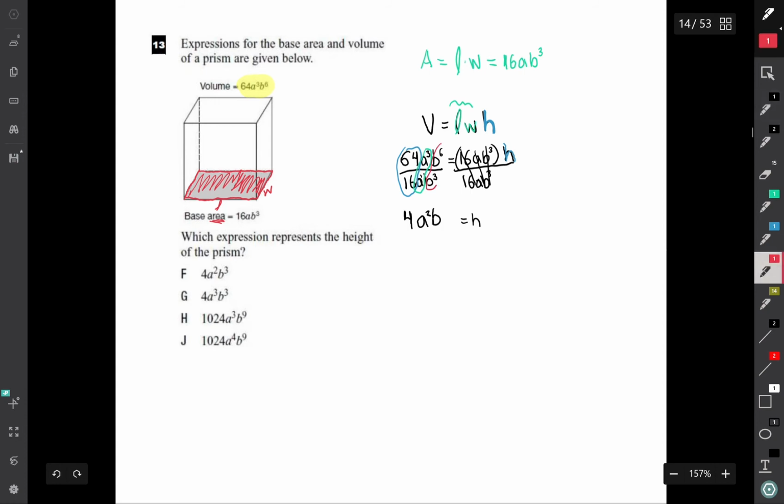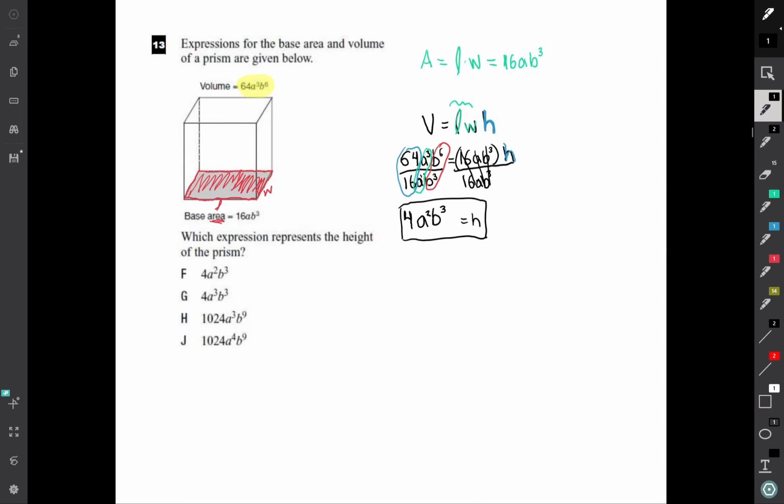We have b exponent 6 and b exponent 3, so 6 minus 3 gives us 3. That's what we're left with: an expression that represents the height of the prism. So our answer happens to be F. F is our answer.